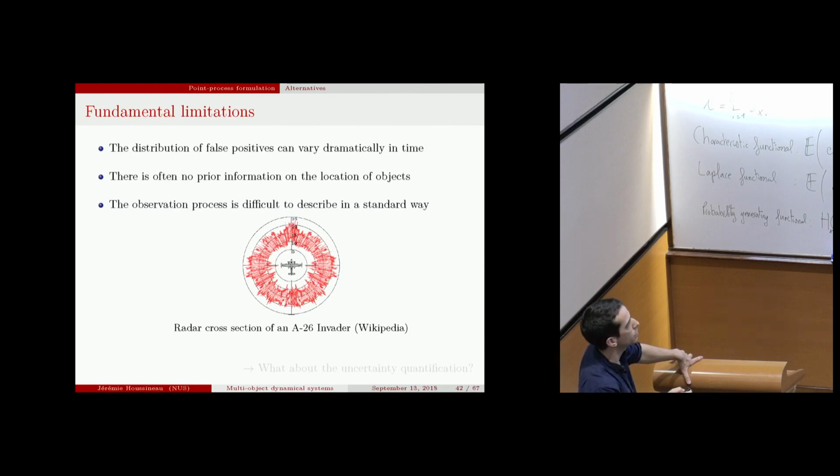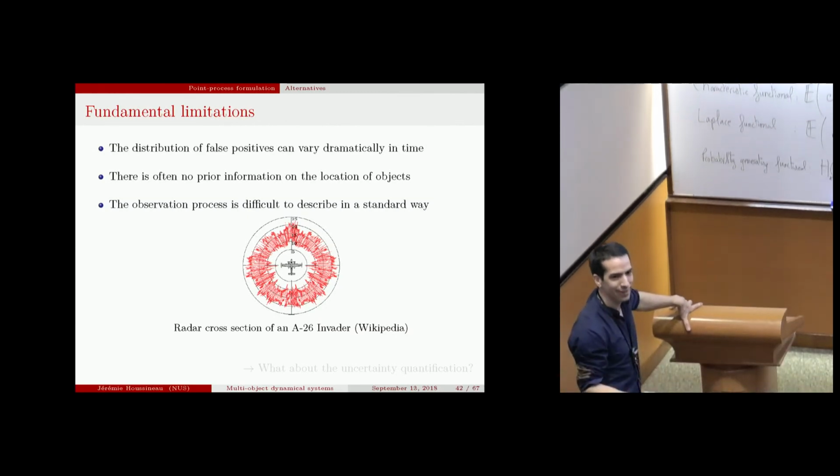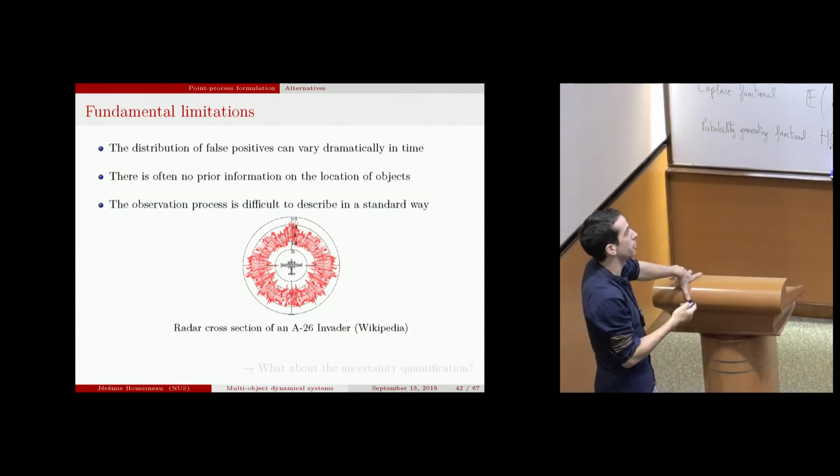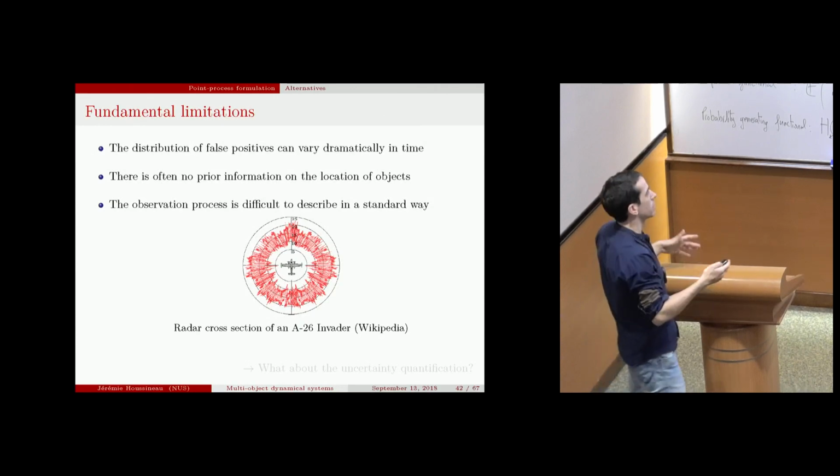If you're very close, you're sure to see it all the time. If you're very far, you never see it. But in between, depending on very slight modifications of the position of the object, the probability of detection can vary very dramatically. So in practice, just saying it's probabilistic with PD, for instance, 0.9, that's an IID assumption that's very unrealistic.